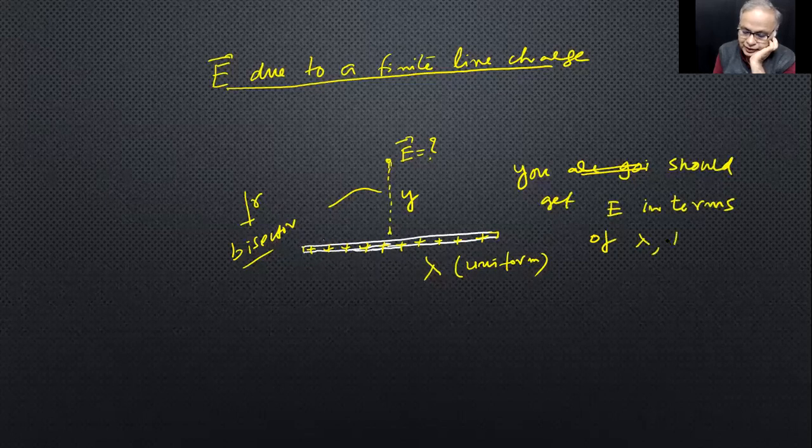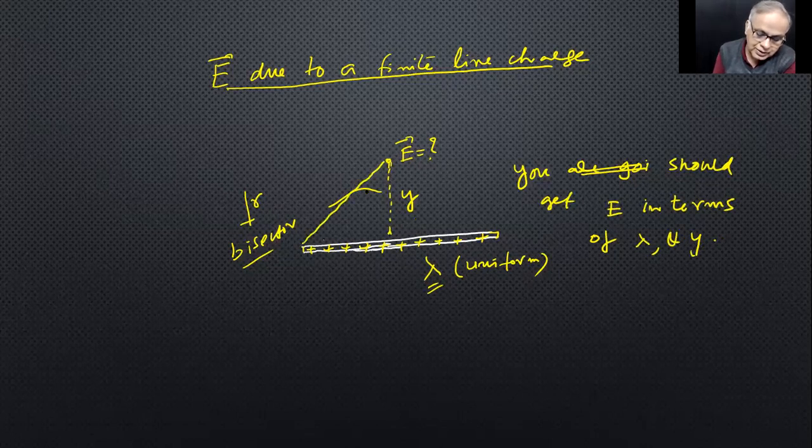Of course, some constant might come, like epsilon 0, 4 pi, all that might come in. So these are the things given, just lambda and y. Or in the beginning, before lambda and y, we can also do something else.